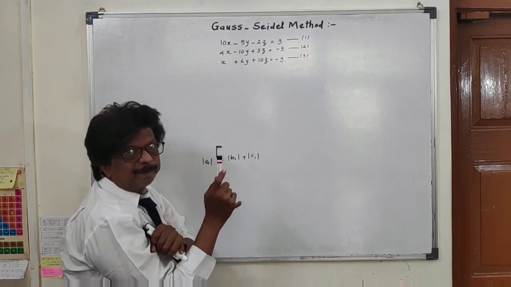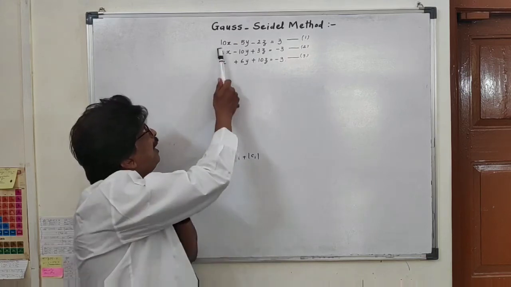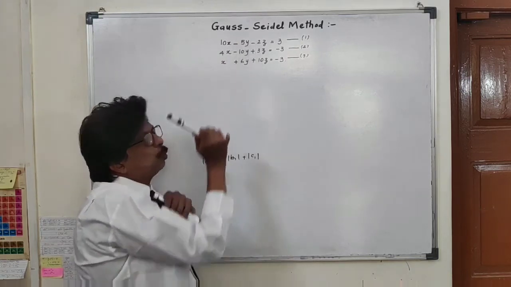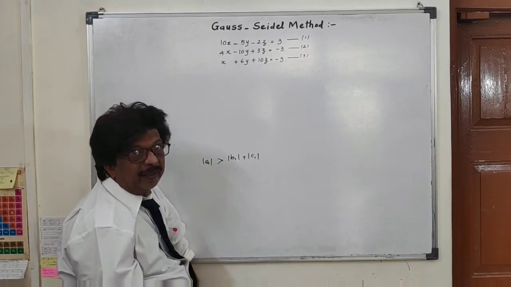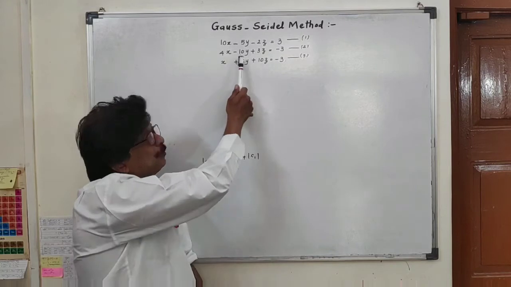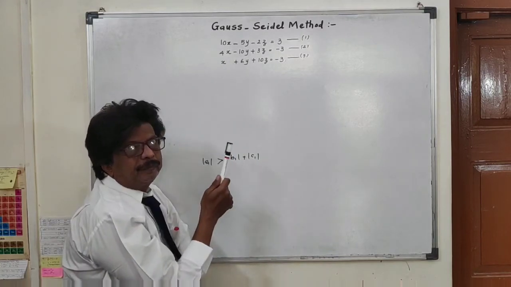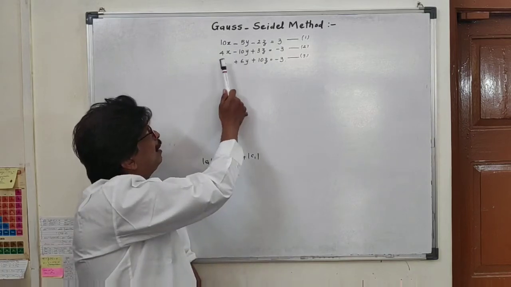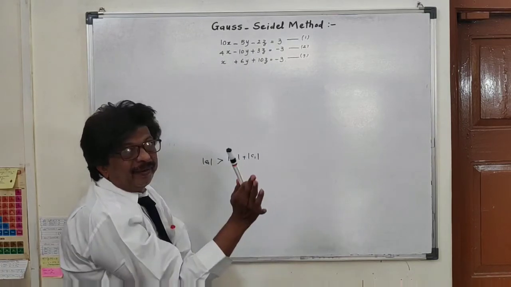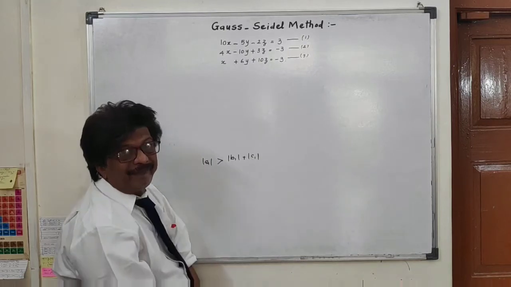See the first equation. This 10 is greater than 5 plus 2. That is the first diagonal element. The second diagonal element is this minus 10. Again its absolute value is 10, and 4 plus 3 is 7, so 10 is again greater than 7.